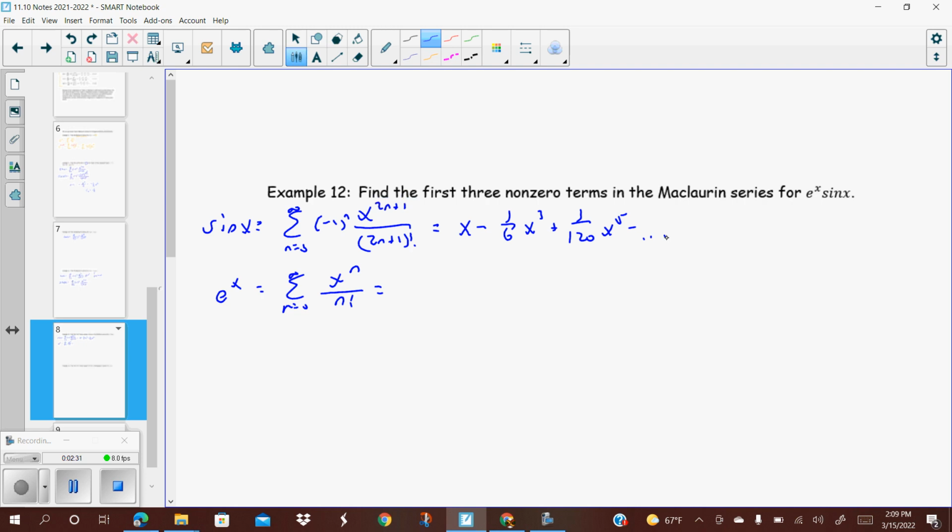If we have to, we'll come back and write another term. But the next one would be an x to the 7th over 7 factorial, and so on. For e to the x, there are no 0 terms, so we're going to end up with 1 plus x plus 1/2 x squared plus 1/6 x cubed plus 1 over 24 x to the 4th. That's probably actually too many terms as it is right now, but that's good enough.